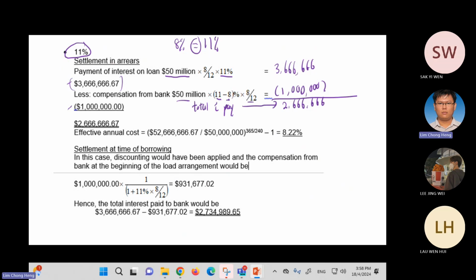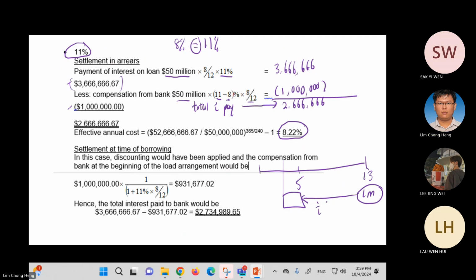Then effective annual cost, same thing. So it's the same 8.22%. And then if the question says they want to settle at the initial point, if this 1 million is settled at the initial point, then you just discount by 1 plus the interest, but you use the interest for 8 months.